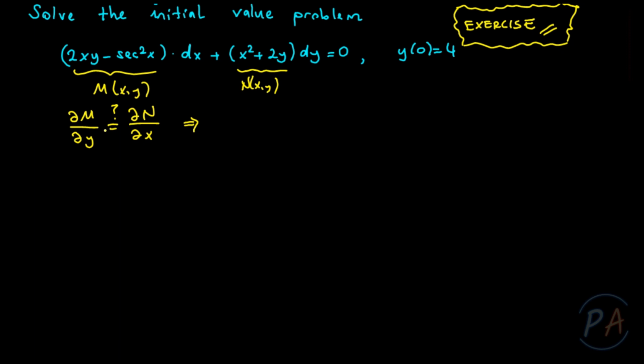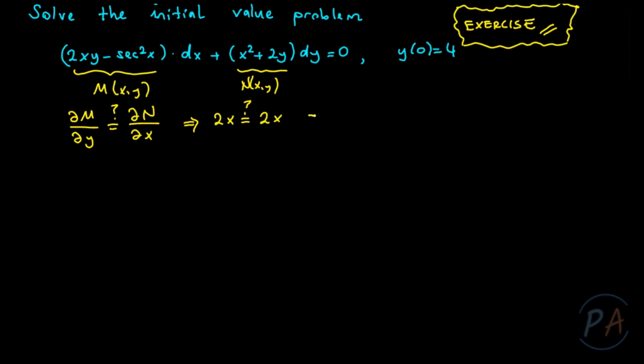Let me calculate the left hand side. Derivative of M with respect to y is 2x, and the right hand side, derivative of N with respect to x, is again 2x.